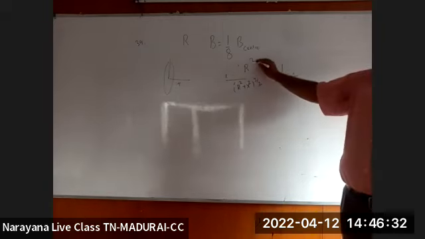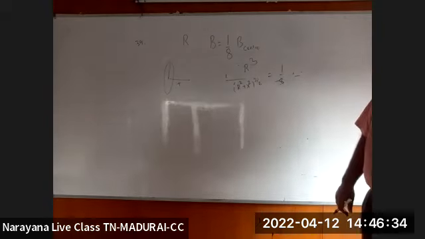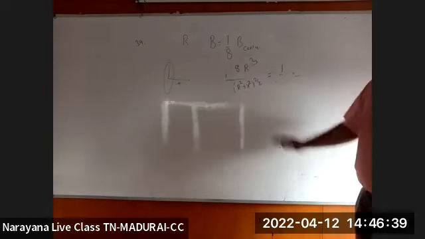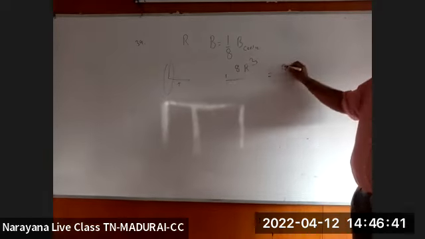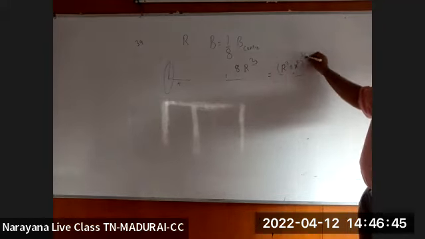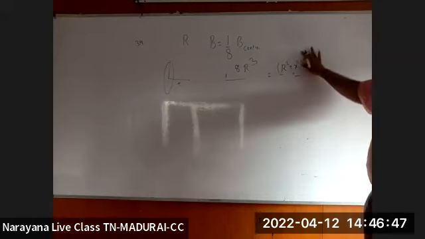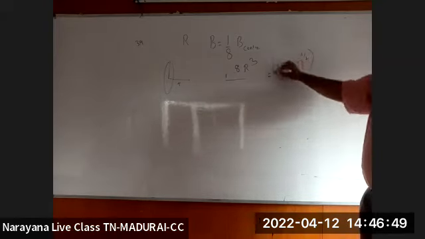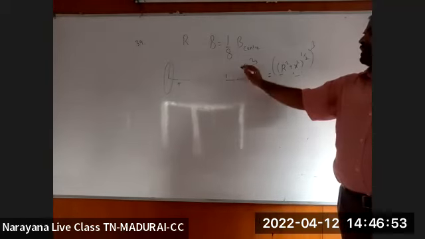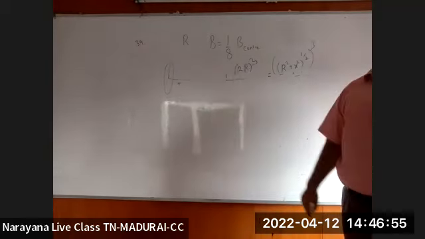This R cube, R into R square, R cube. Correct? This 8 also I will send here. This thing I will bring here. So (R square plus x square) whole power 3 by 2. Very good. 1 by 2 whole power 3 I can write now. 8R means what I can write? (2R) whole cube I can write now.